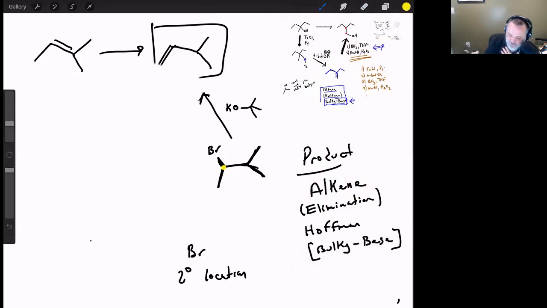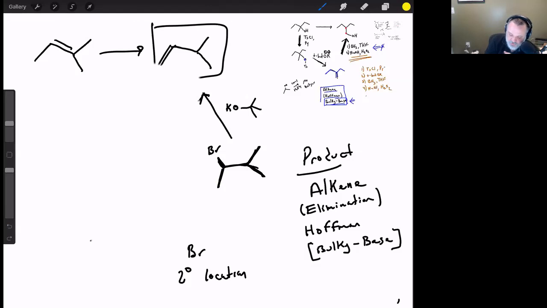If the double bond were between here and here, it would be a Markovnikov orientation, but having the double bond in that location is back to that starting material, so that doesn't help.